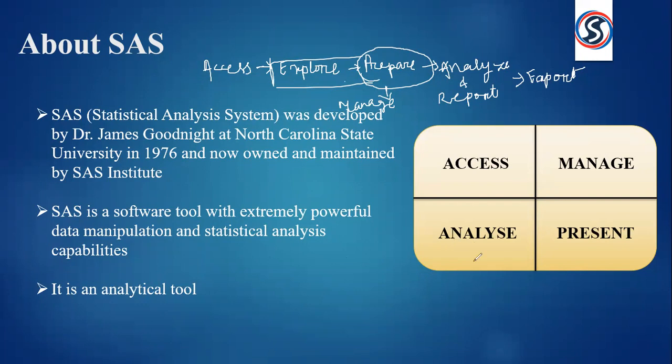Now coming to analyzing of the data. Once your data is completely prepared, how will you analyze it? By grouping it. You can create reports on the frequency or on the summary statistics, or on the complete statistics, which includes all the things: the mean, the standard deviation, the median, the skewness, the kurtosis.